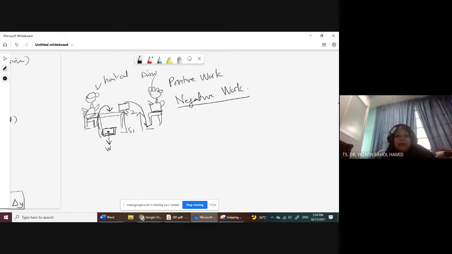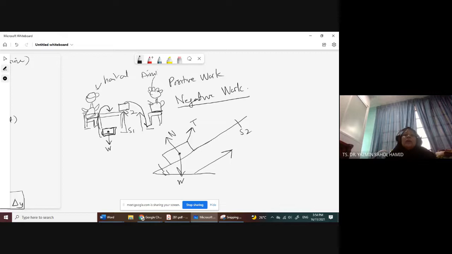For example, here is another example. This is the box. You have a weight down here, a normal force N here, and then it is pulled by a towing force here. Now, this box is moving from S1 going up to S2.